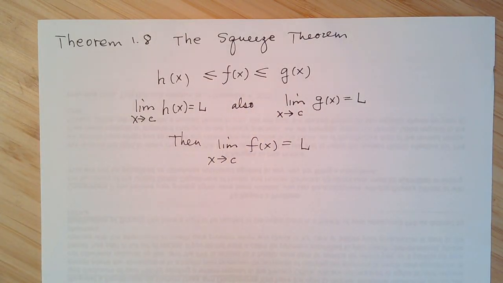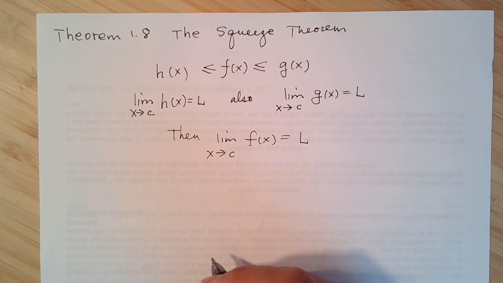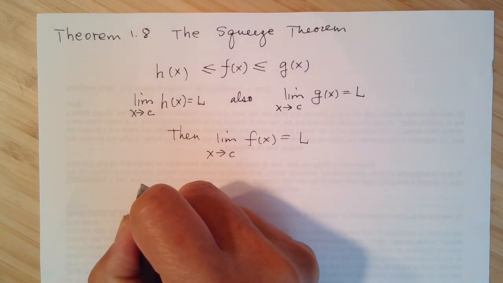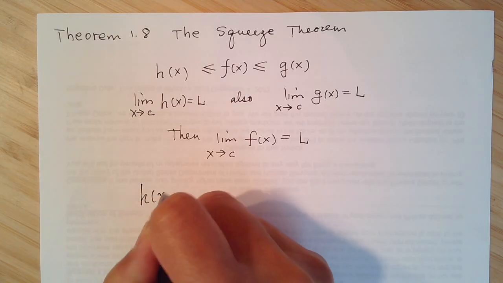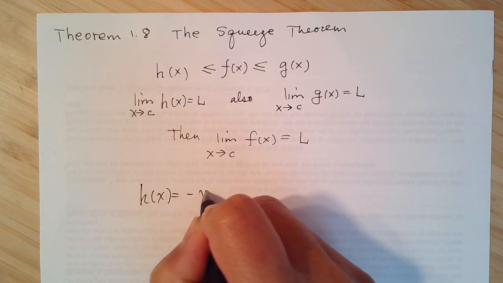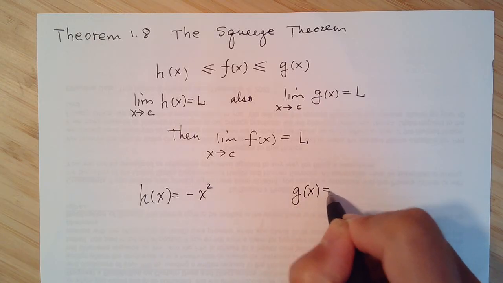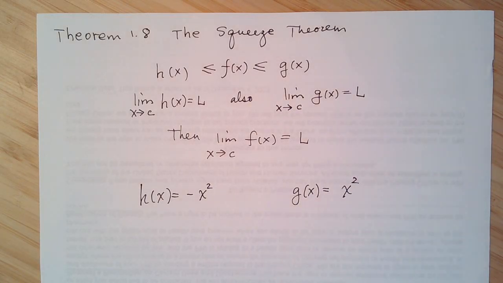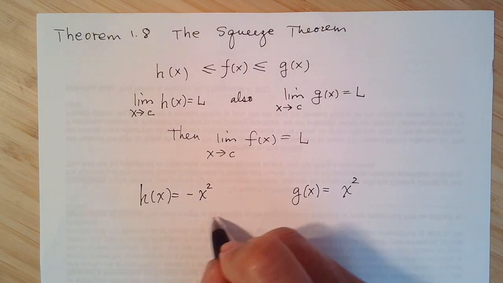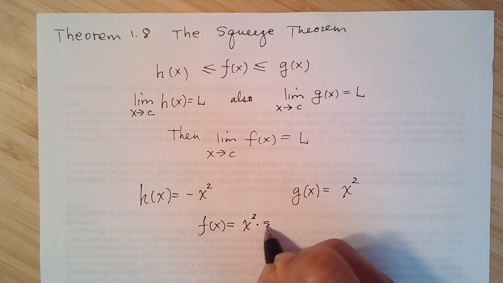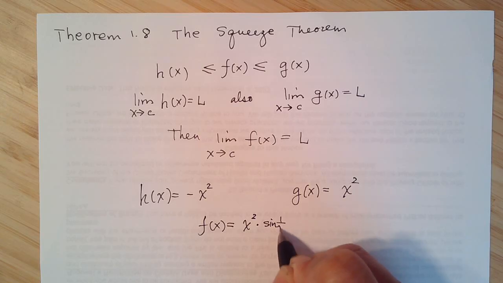Okay, I'm going to give you one example. I give you h of x equals negative x squared, and g of x equals positive x squared. Now I give you something interesting: f of x equals x squared times sine of 1 over x.